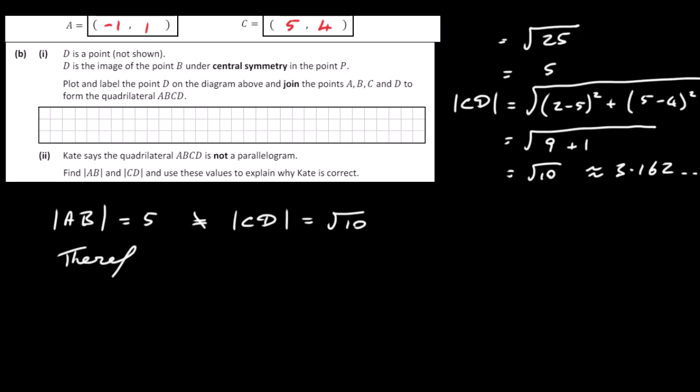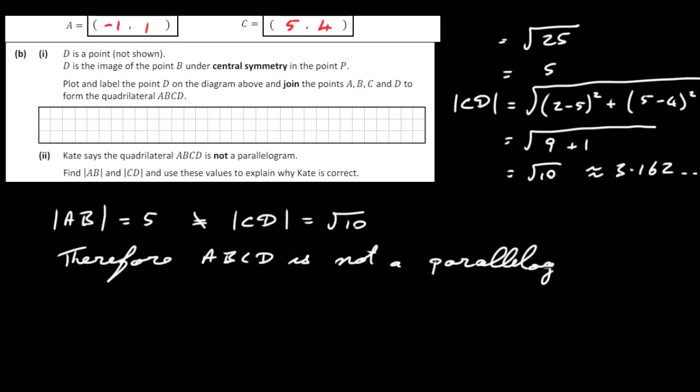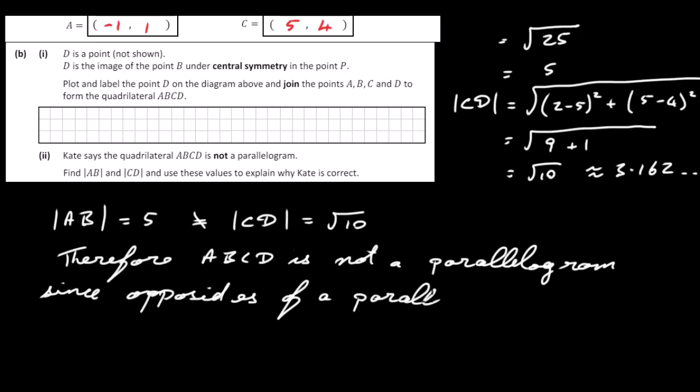Therefore, ABCD is not a parallelogram, since opposite sides of a parallelogram are equal. Okay, and that's it for this question.